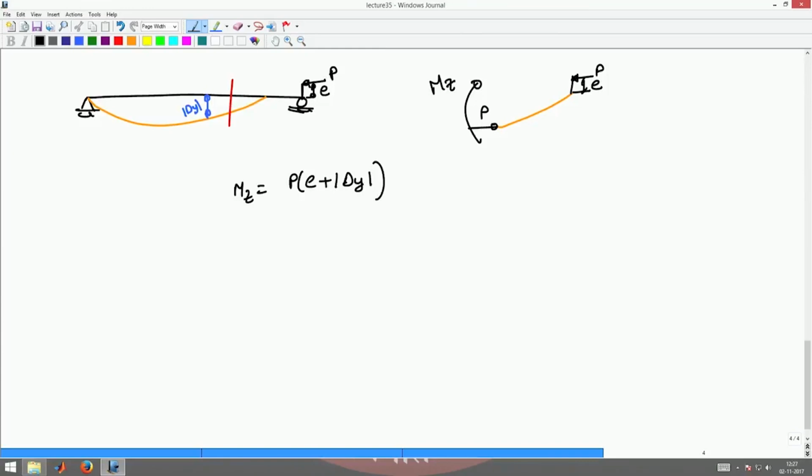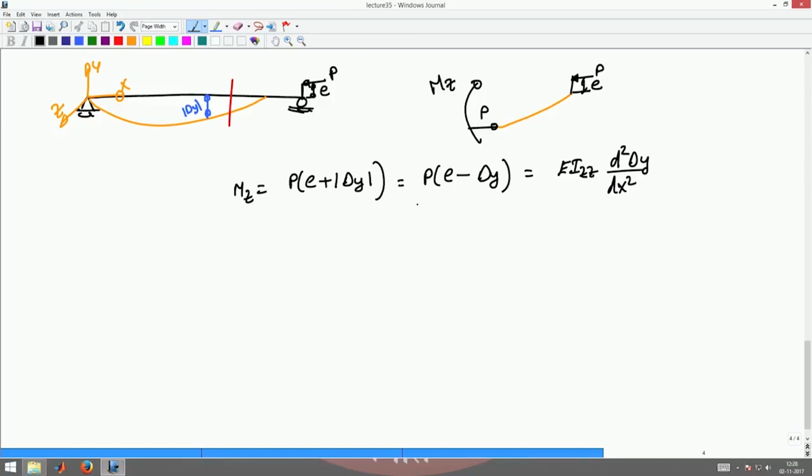Okay. P into absolute value of delta y. Okay. Now, delta y is negative downward. So, this will be P into (e minus delta y) because delta y is negative in a downward deflection. I am assuming still my coordinate system to be x, y and z. Okay. Now, this should be equal to, from the beam bending problem, E times Izz d square delta y by dx square. Okay.